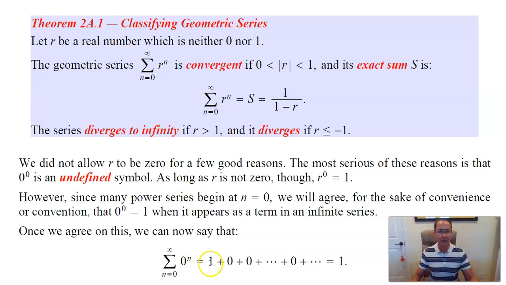So that first term of 1 is going to survive. Okay, so just for the sake of convenience, we're going to say that 0 to the power 0 in this case will still be equal to 1.